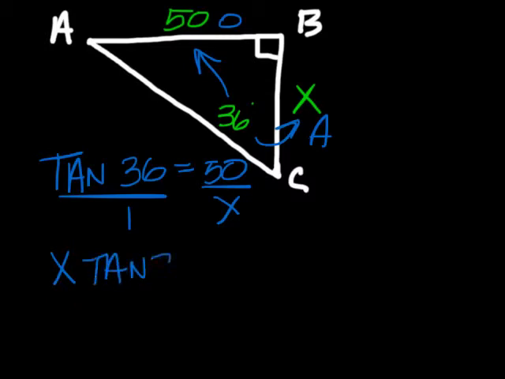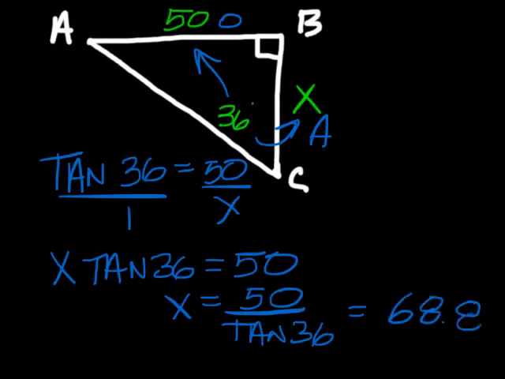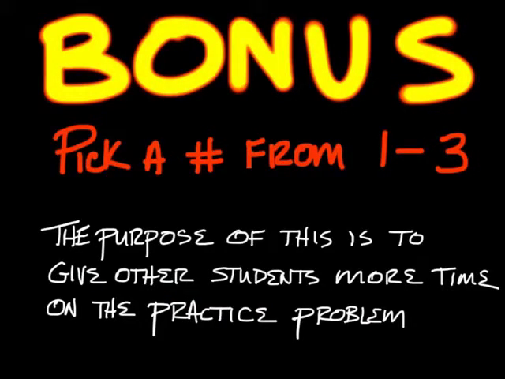That means you'll have x times tangent 36 equals 50, and divide 50 by tangent 36 to come up with the answer. 50 divided by tangent 36 should be 68.8.